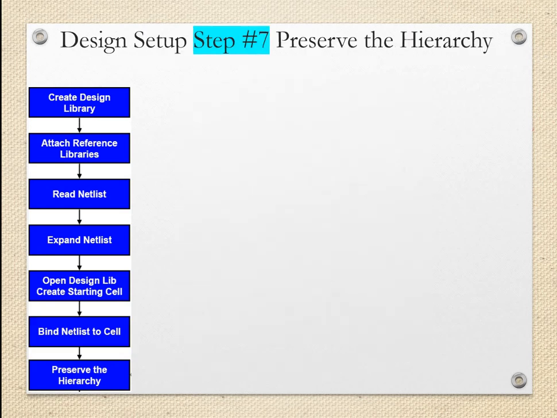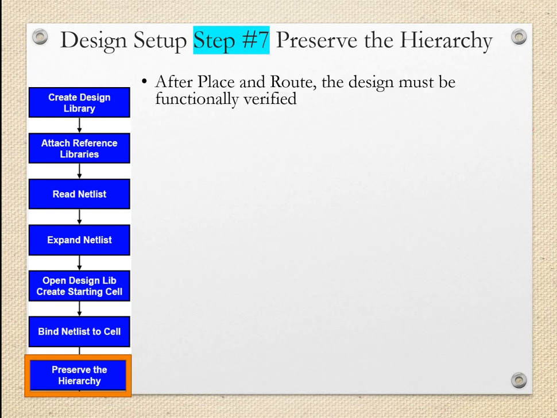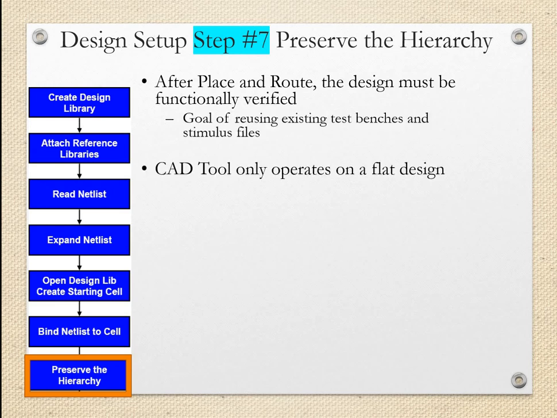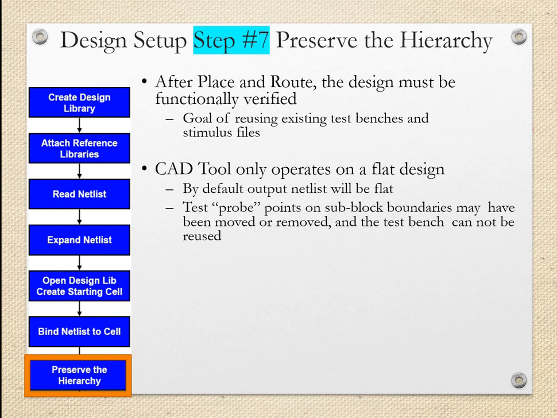And there is one last step, step number 7, preserve the hierarchy. After place and route, the design must be functionally verified, with the goal of reusing existing test benches and stimulus files. The CAD tool only operates on flat designs, so by default the output netlist will be flat.